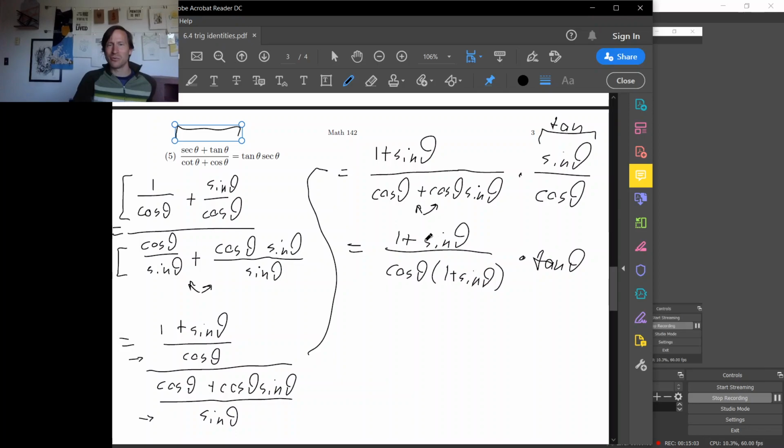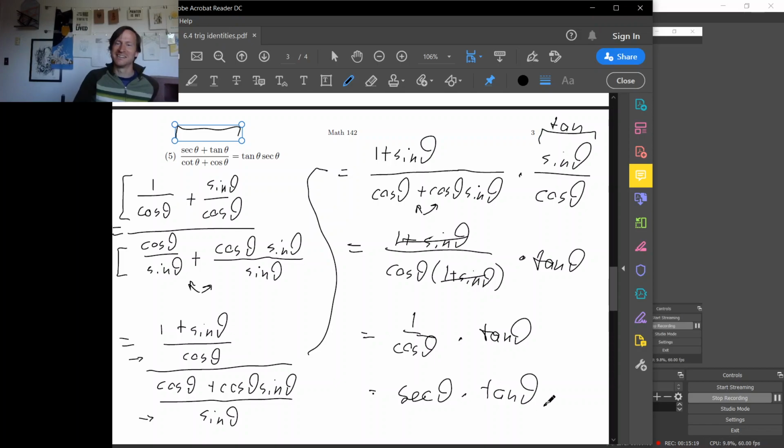And now, look, the 1 plus sine theta, those simplify away, and we get 1 over cosine theta times tangent theta. And that's secant theta times tangent theta. Oh, we did it. What a mess. Okay, let's try the next one.